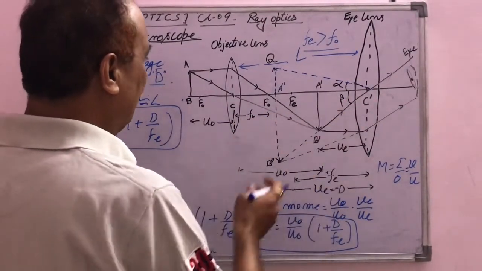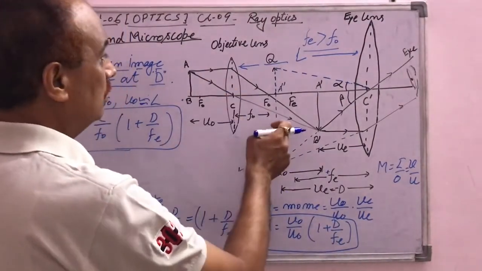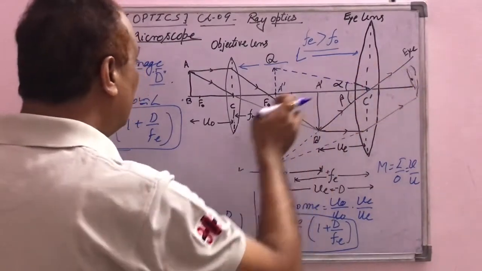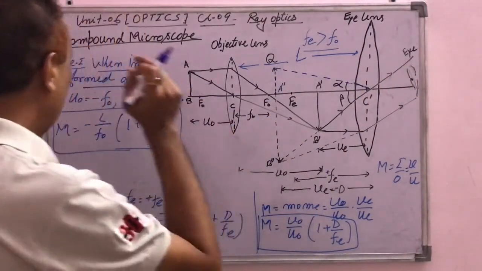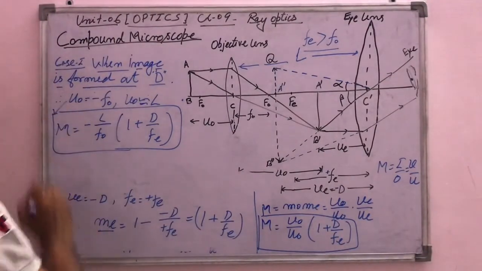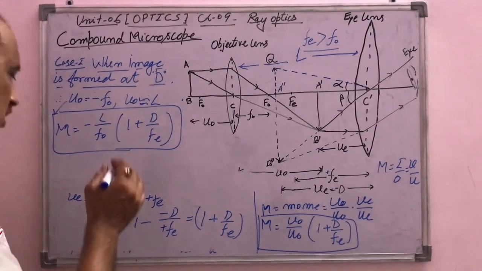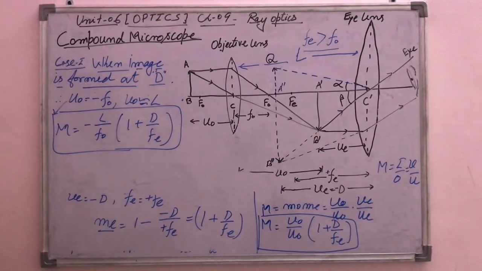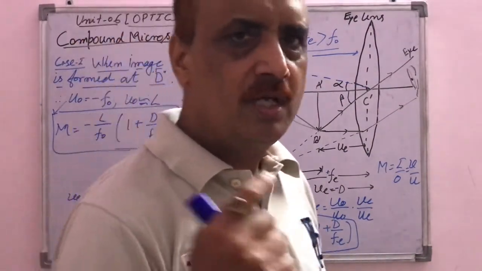The distance between the lenses will be equal to the distance of the final image formed by the eye lens, which is formed close to the objective lens. Then we have to use the formula M equal to minus L upon fo times 1 plus D upon fe. So this is case number 1, in which the image is formed at the least distance of distinct vision.